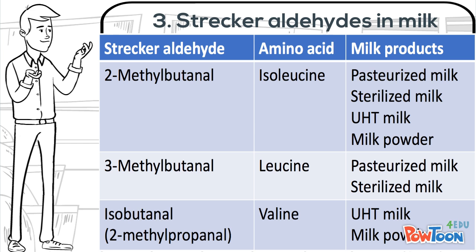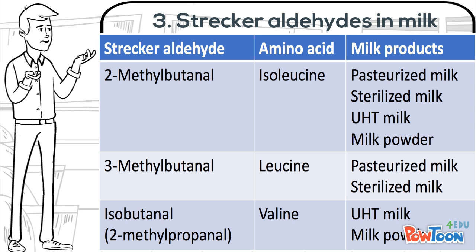Another aldehyde, 3-methylbutanal, which was generated from leucine, was detected in pasteurized and sterilized milk. And another one, isobutanal, which was generated from valine, was found in ultra-high temperature processed milk and milk powder.